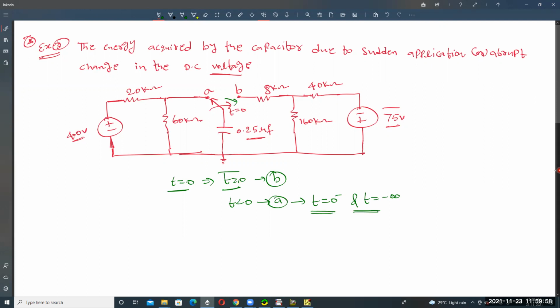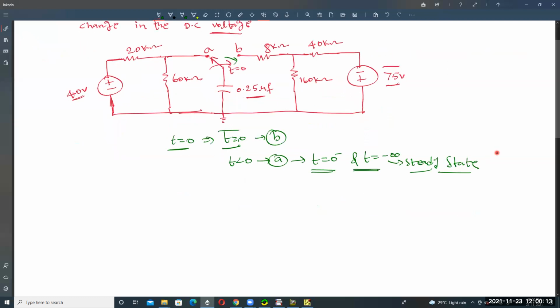This is a steady state condition, and under it the capacitor is fully charged.